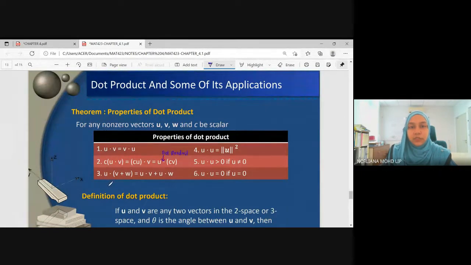Okay, number 3, u dot (v plus w) is equal to u dot v plus u dot w. Number 4, u dot u is equal to the magnitude of u squared. Number 5, u dot u is greater than 0 if u is not equal to 0.